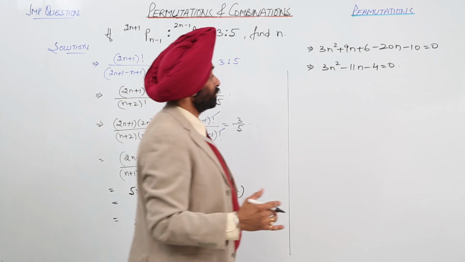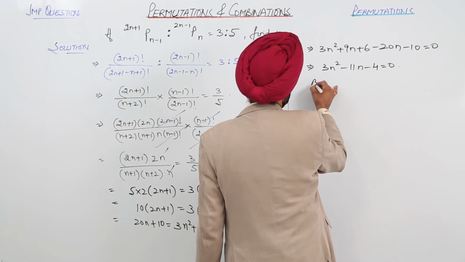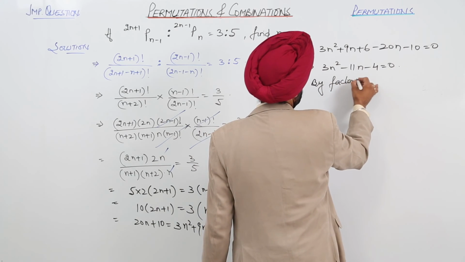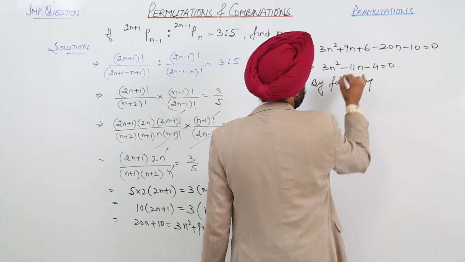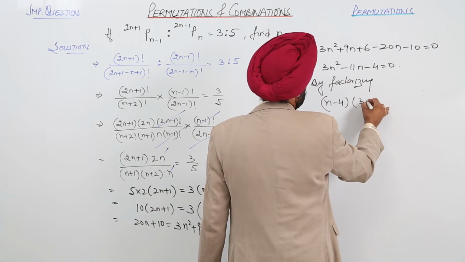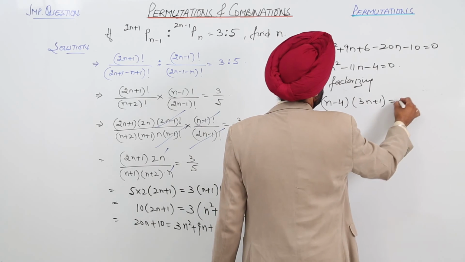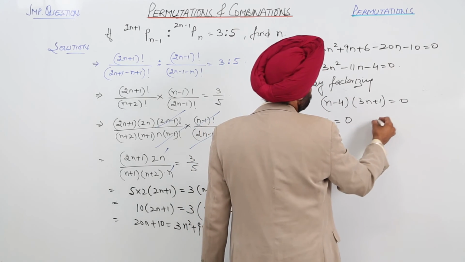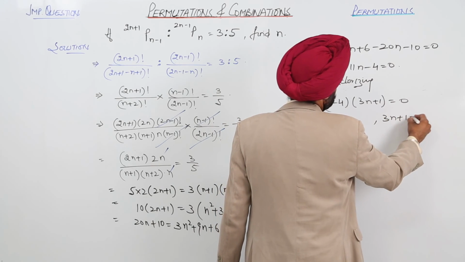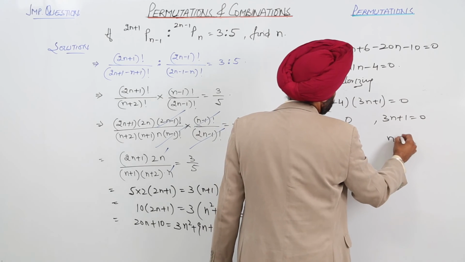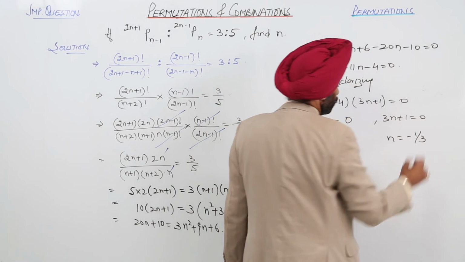Now, let us factorize it. By factorizing we are getting (n minus 4) and (3n plus 1) is equal to 0. Now, n minus 4 is equal to 0, 3n plus 1 is equal to 0, n is equal to 4, n is equal to negative of 1/3.